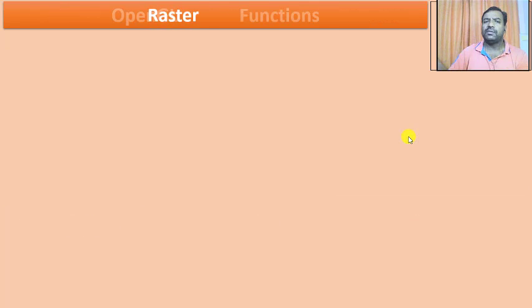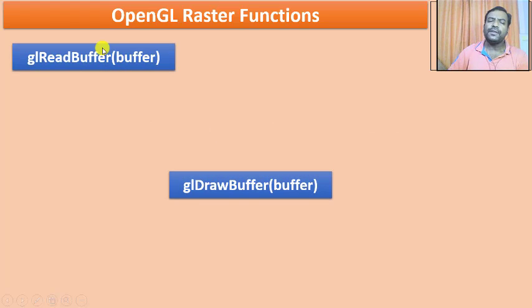First we will see what raster functions are available. The very first function is glReadBuffer, that is the buffer information I want to read and store in the default buffer that your OpenGL compiler gives you. Whatever the default buffer holds is going to be drawn on your display device or on the destination pixel.